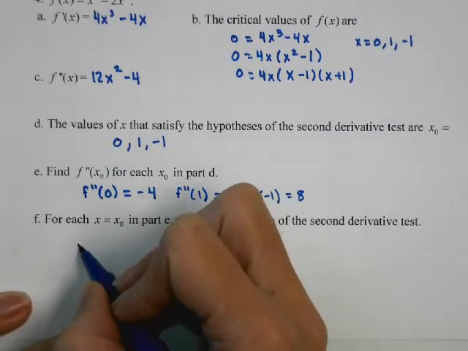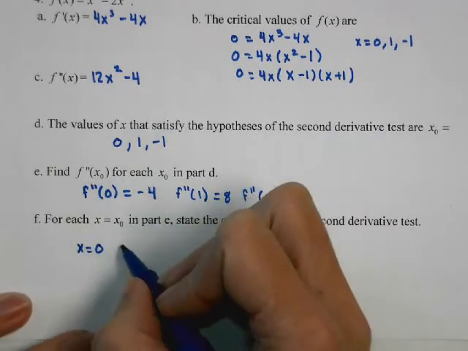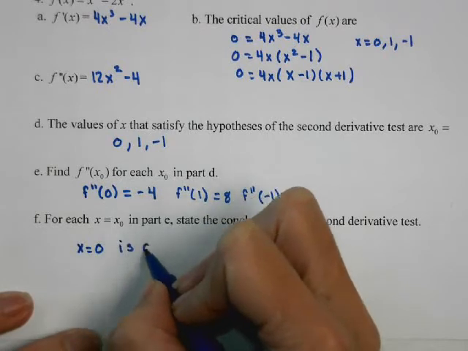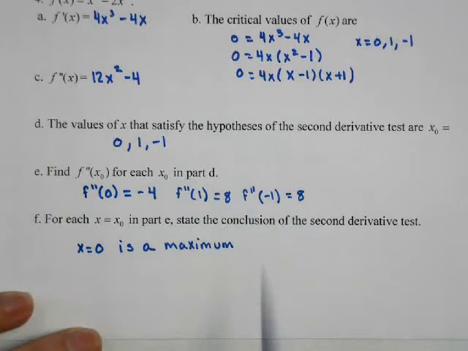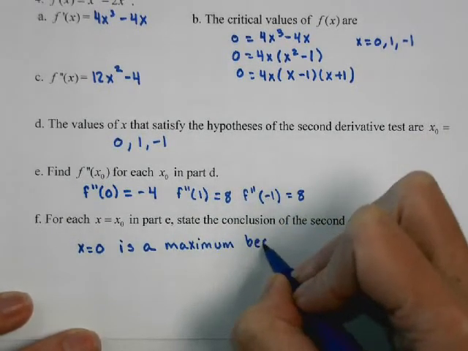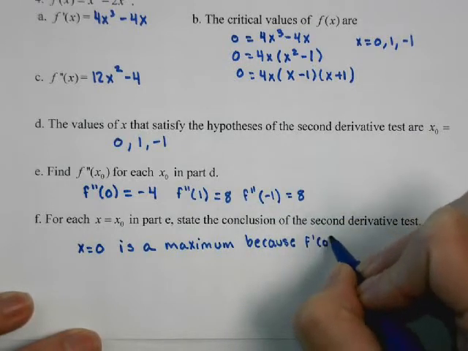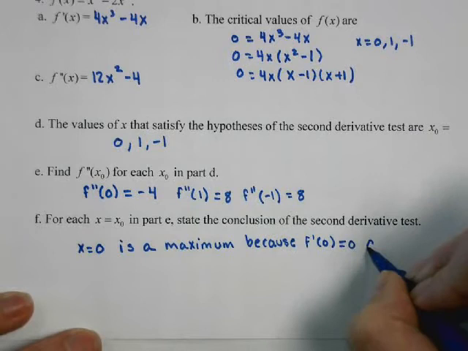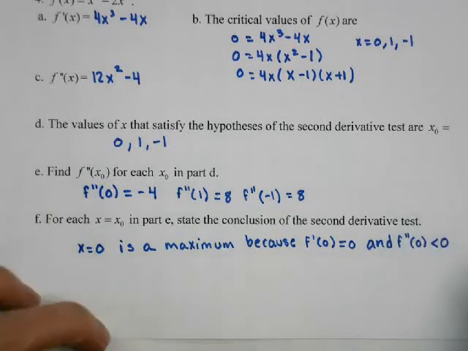So when x equals 0, we have a maximum. So to justify this, you would say because f prime of 0 was 0 and the second derivative was less than 0, which means it was concave down, which means we have a maximum.